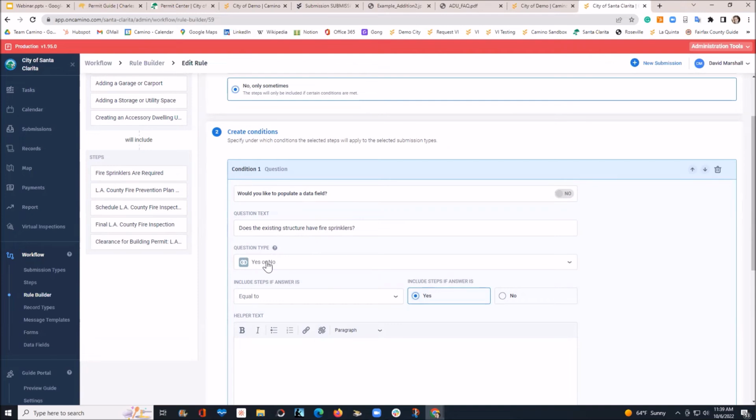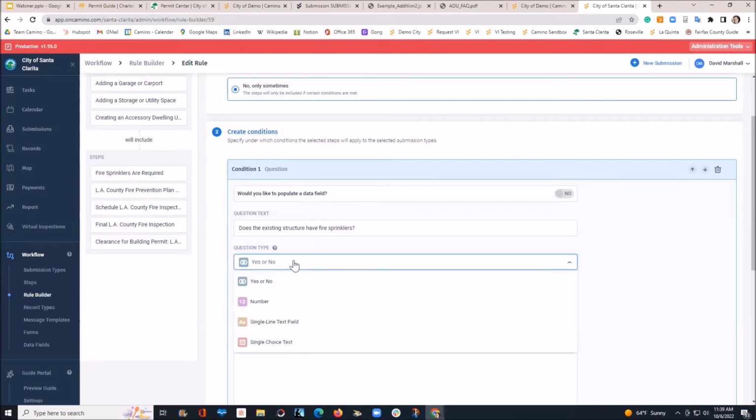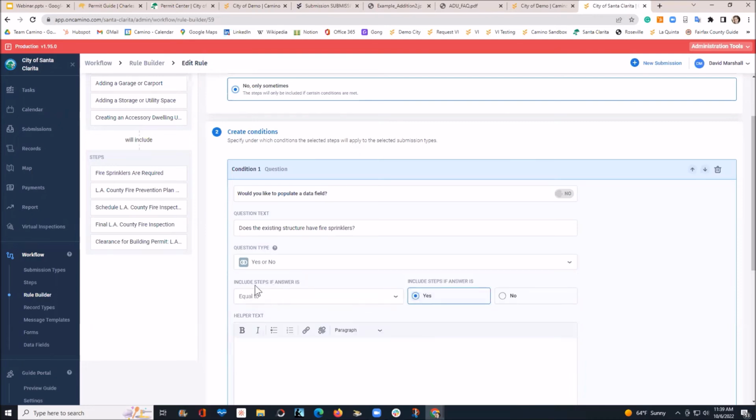In the example here, it's a yes or no question, but we can also ask number questions. How big is your fence, right? If it's 3 feet or shorter, there's no permit required. If it's taller, it requires a permit, and we walk them through, right? So we can ask a number question, multiple choice that they can pick from, whatever. And you can see here, it includes steps. You include the steps if the answer is equal to yes. So very easy to do.